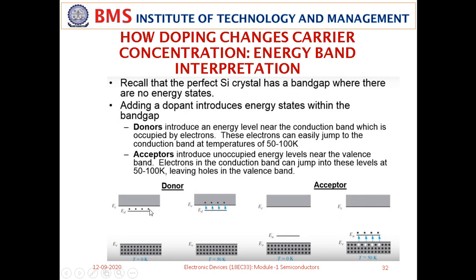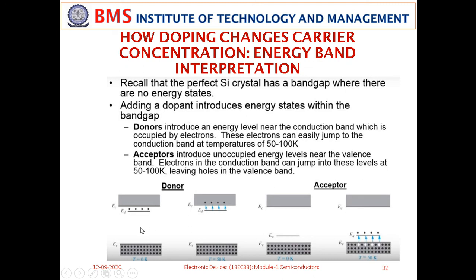These electrons are due to the donor impurities added here. So adding a dopant introduces energy states within the band gap. Adding a pentavalent impurity introduces electrons near the conduction band.